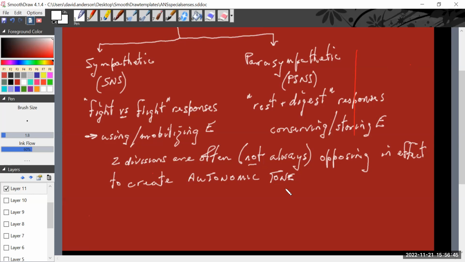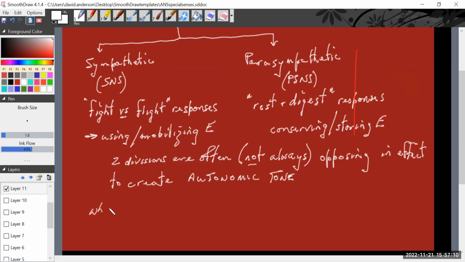Everybody agrees with that one. So we get that number that's somewhere between, say, 60 and 90. And that's a result of both divisions creating autonomic tone. So when both divisions target the same tissue, in this case, cardiac muscle, we're going to create autonomic tone.